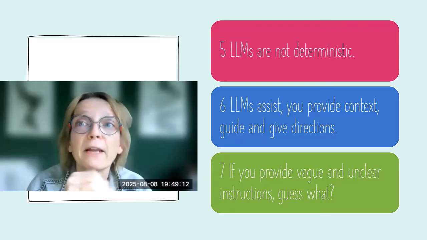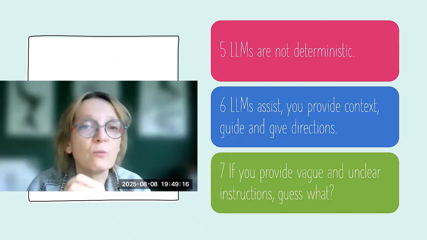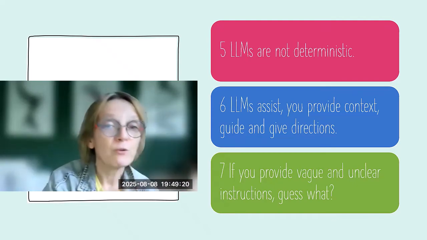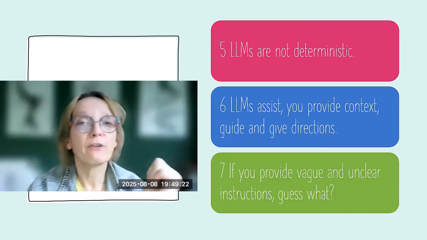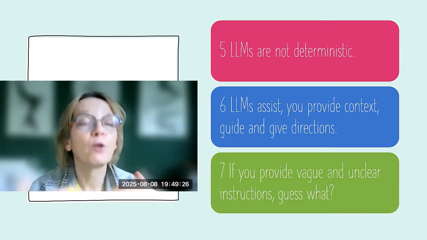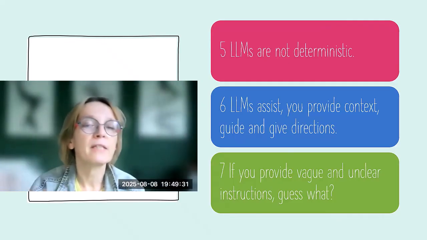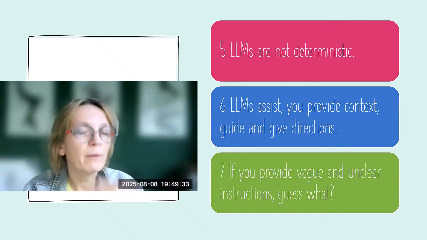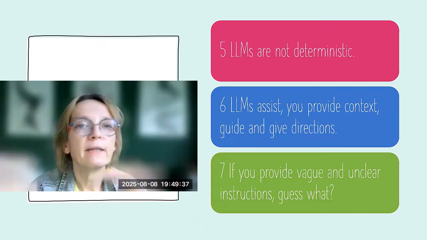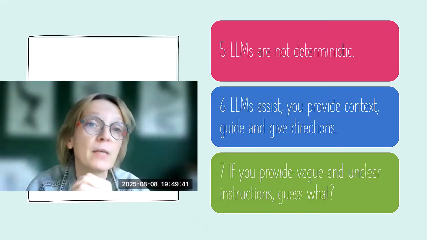Next point is LLMs are not deterministic. And that also has to do with that last point. So yes, if you ask again, you will get a different answer. If you ask for themes, that should not be your final results. Ask for themes again, and you probably get about 80% overlap, and you get something right and left that wasn't covered the first time around.